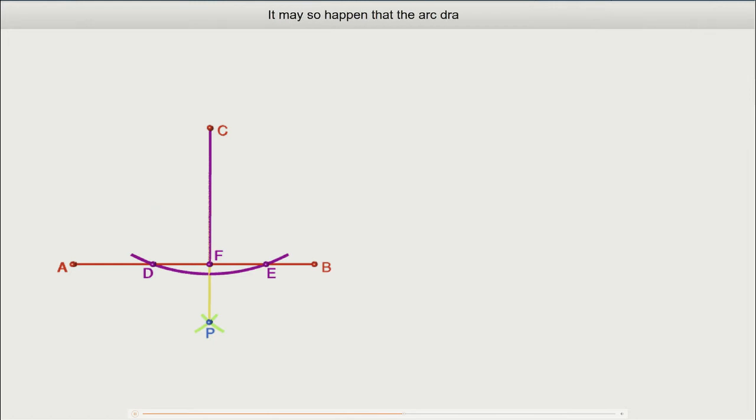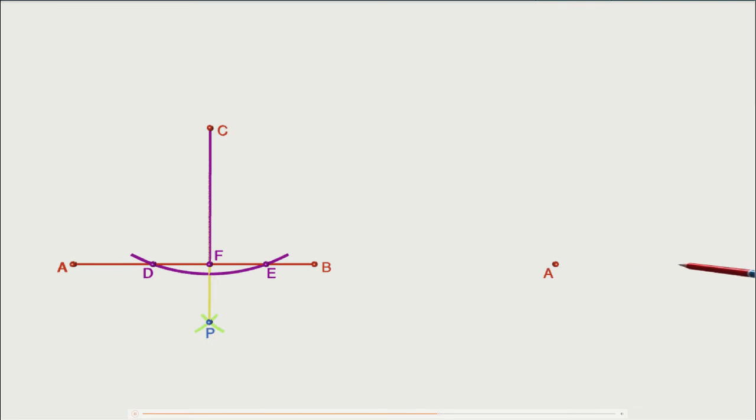Now, it may so happen that the arc drawn from C to AB may fall outside of AB. I am illustrating it with an example here. First, let us draw AB. Then mark a point C outside of AB as before.